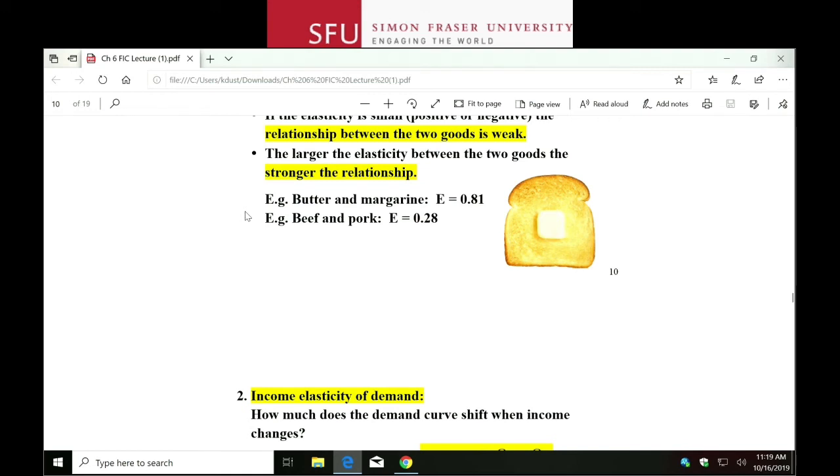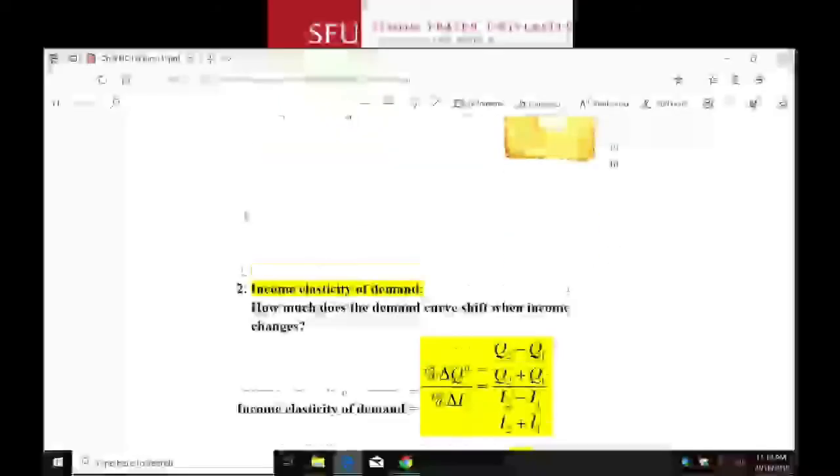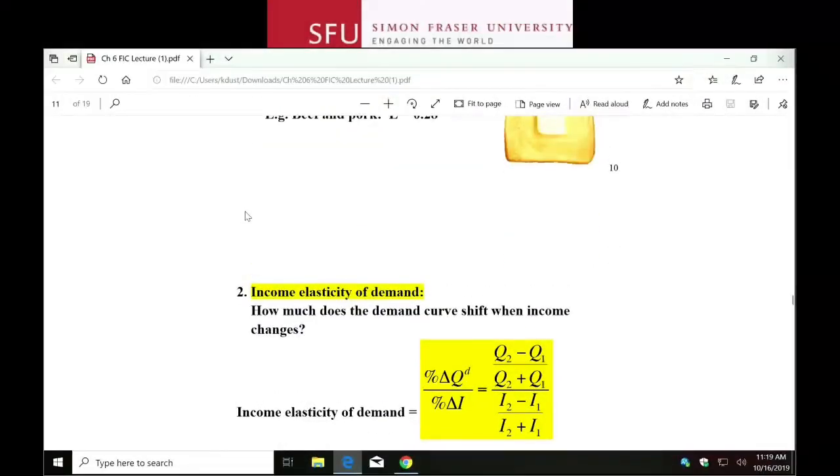This is going to measure your response to your income changing. So the formula is similar. We'll be looking at how much you change the quantity that you're buying, but relative to a % change in your income. So % change in the quantity that you buy relative to a % change in your income.